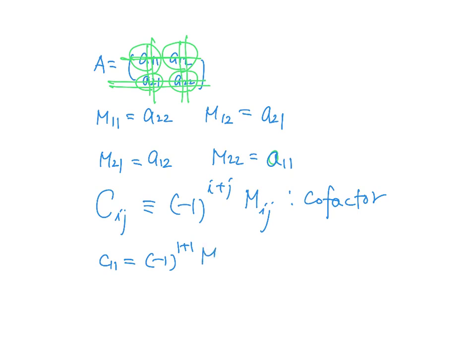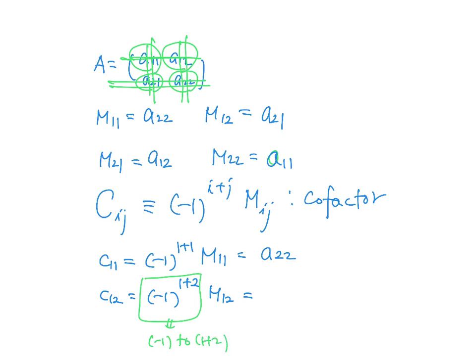So A22. C12 is minus 1 to the 1 plus 2, M12. What is minus 1 to the 3?